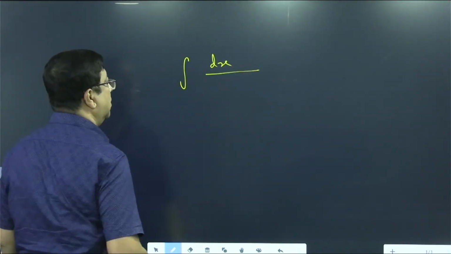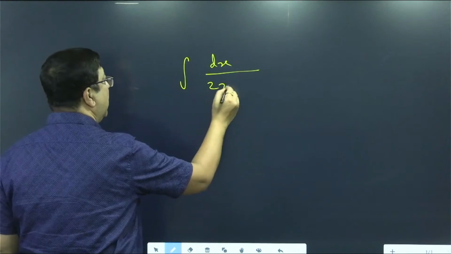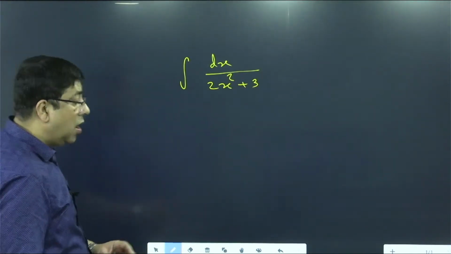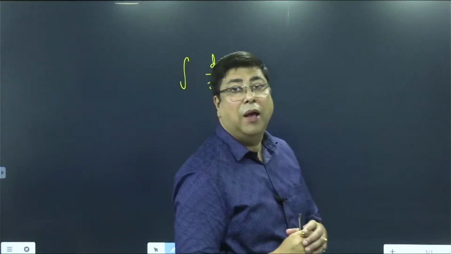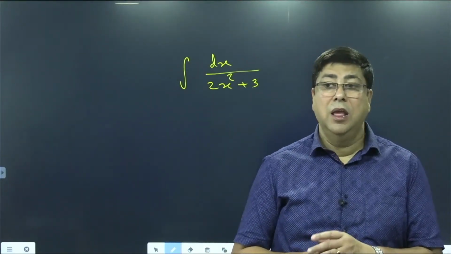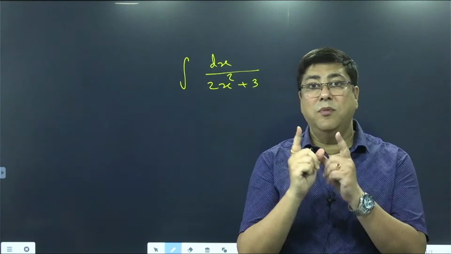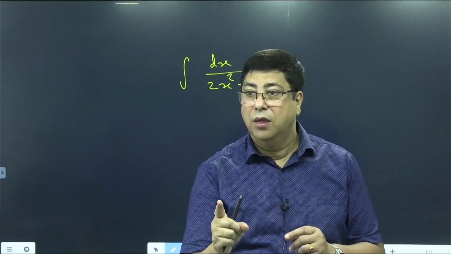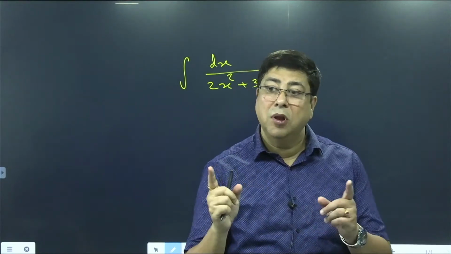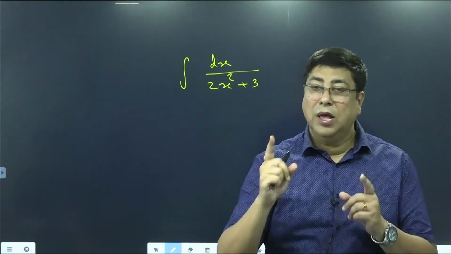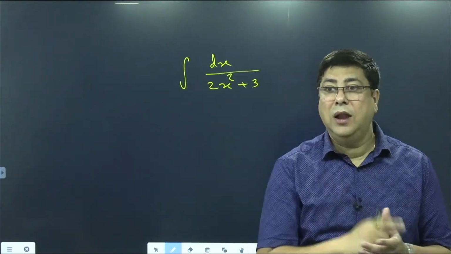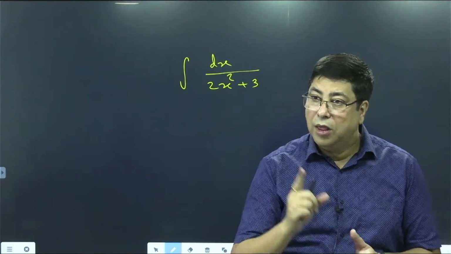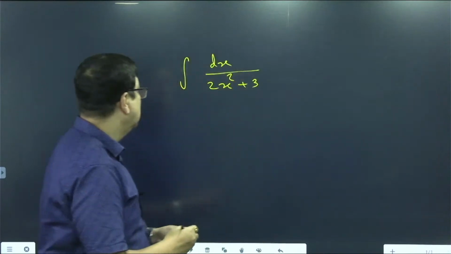Integration dx by 2x square plus 3. And one more thing, everyone, it is better if we can manipulate. These 6 formulas will work only when the numerical coefficient of x square is 1. Otherwise, the formula will not work. It means what to do here?